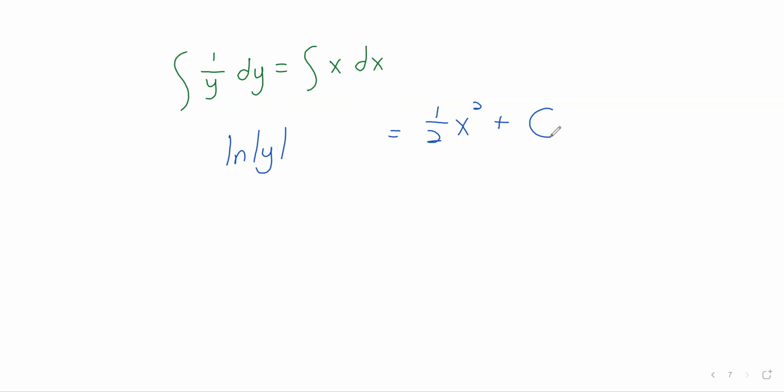Now, if our goal is to solve for y, those absolute values are going to be a bit of a nuisance, but how do we get rid of the natural log? Exponentiate. Oh, I act as if I'm cramped for space when in fact I have an unlimited amount of space.